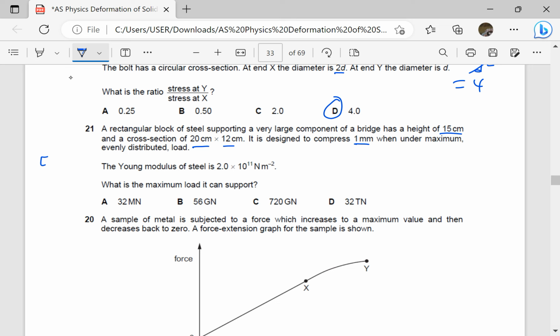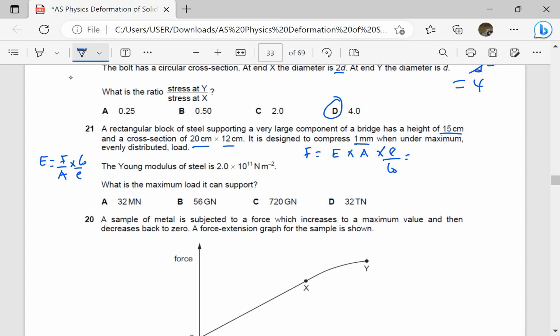So we know that Young modulus is going to be equal to the load F over cross-sectional area, then times original length over extension. So I want to find F. F is going to be equal to Young modulus, then times cross-sectional area, then times extension over original length.